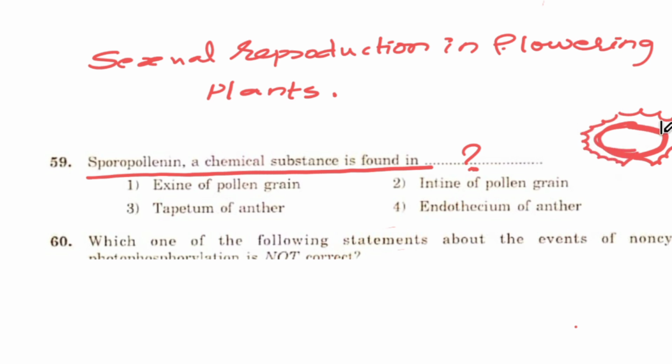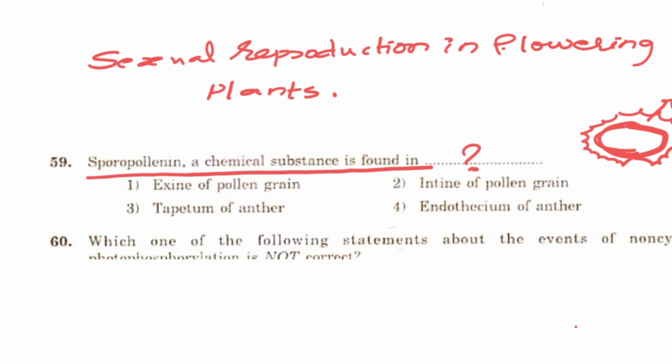So this intine, it is a continuous layer and it is mainly formed from cellulose and pectin, whereas this exine is formed from a chemical substance, that is sporopollenin, which is highly resistant to any organic material.